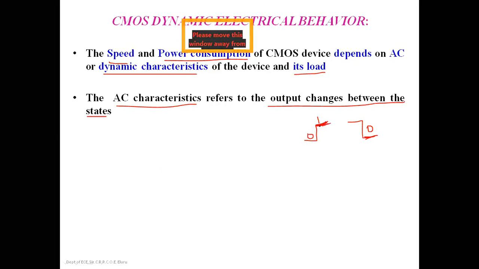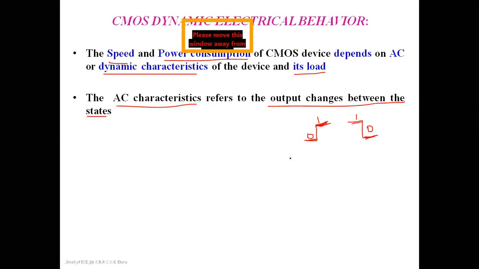So now the input is at 1 and the output at 0 for the CMOS inverter. If the input is 0, the output is at 1. So the input and output are fixed to the state in steady state. Now, how about in CMOS dynamic electrical behavior? As I said, the input and outputs are continuously changing.